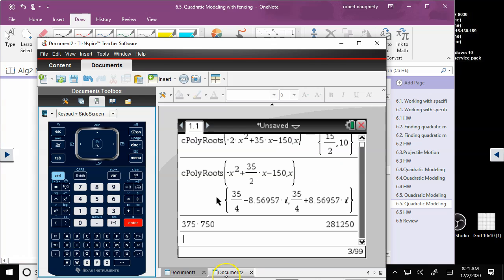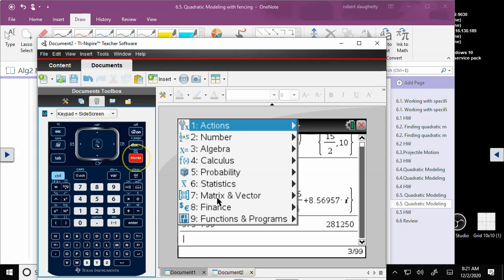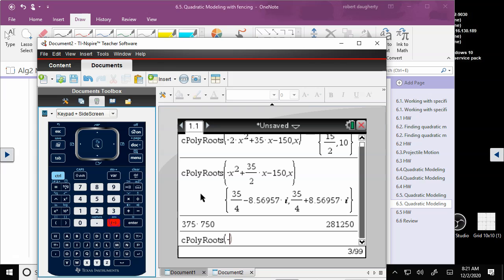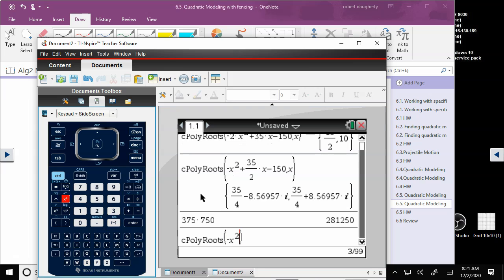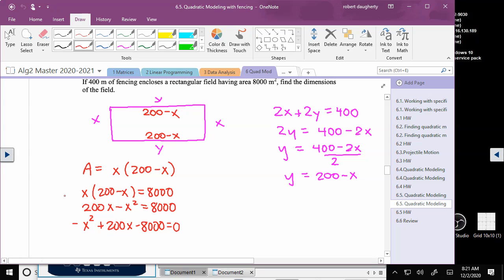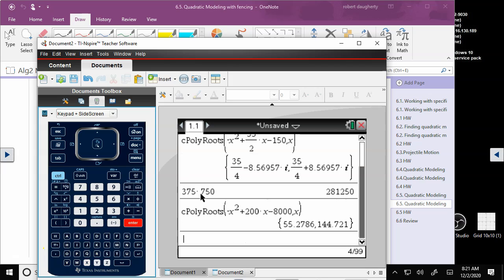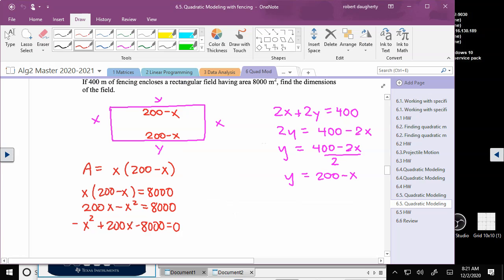So go to your calculator here and menu, complex roots. So this was minus X squared plus 200X minus 8,000, and solve that for X. So I get two numbers here, 55.27, we'll call it 55.28.